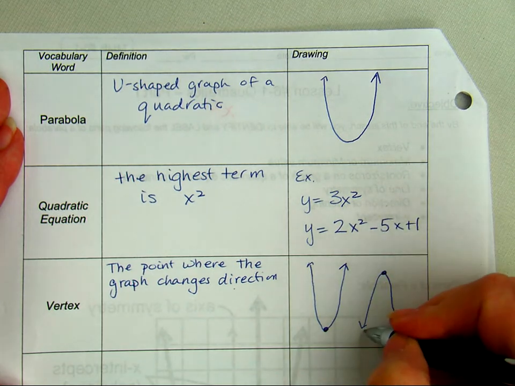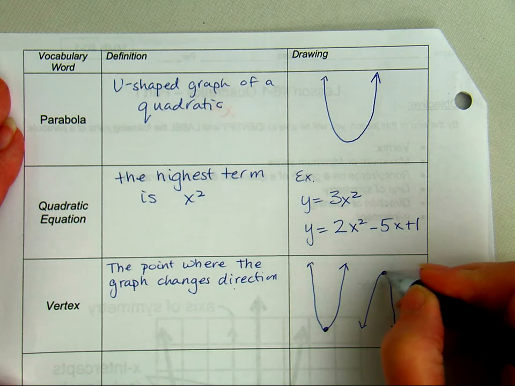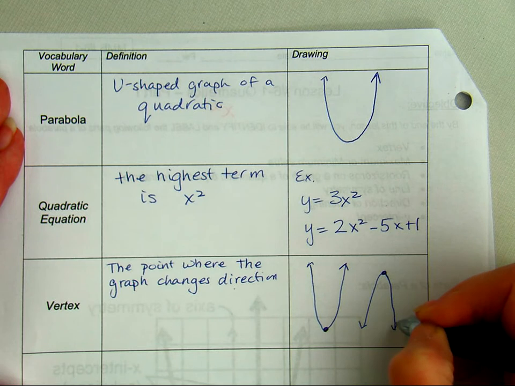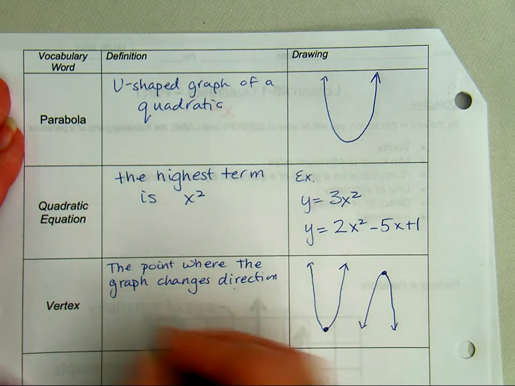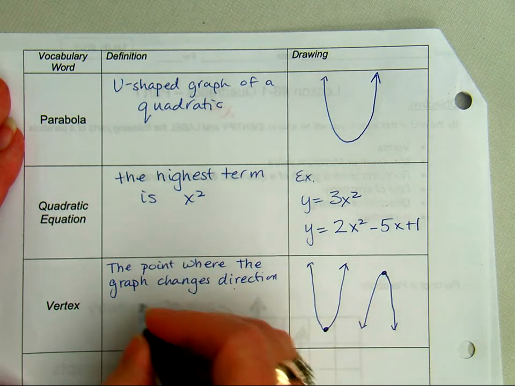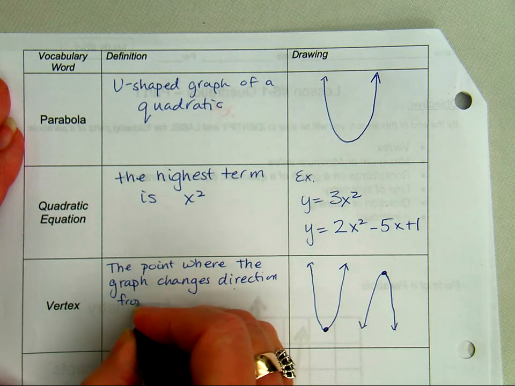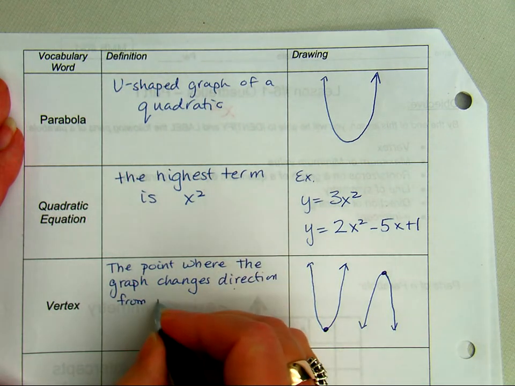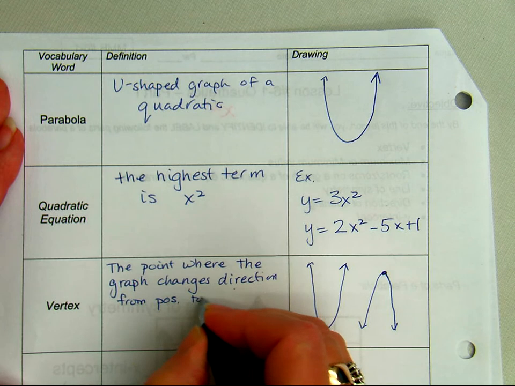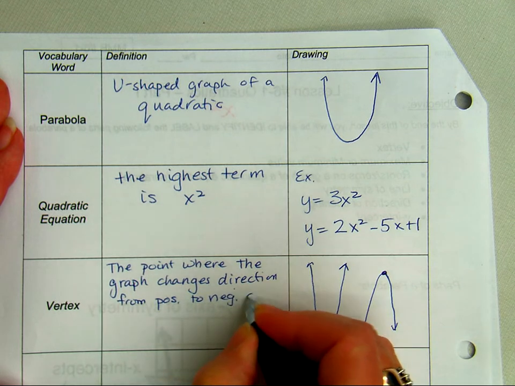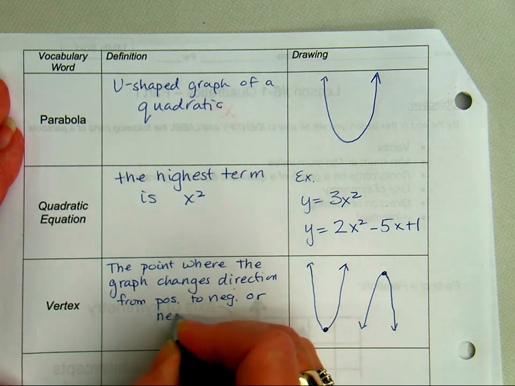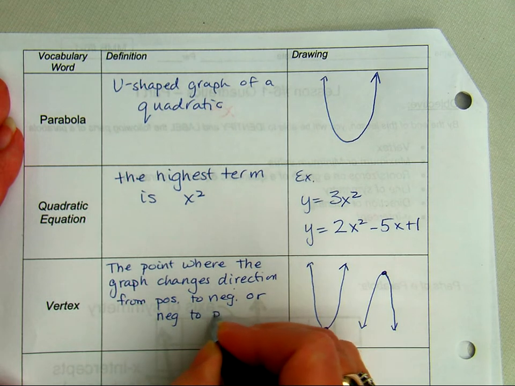This one starts out positive, going up, and then after it hits the vertex, then it goes down. So that's negative. So it changes direction from positive to negative, or negative to positive.